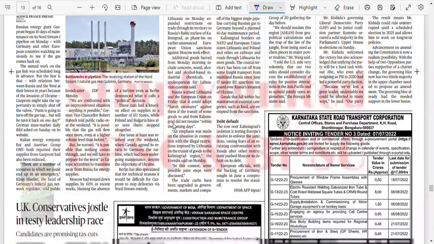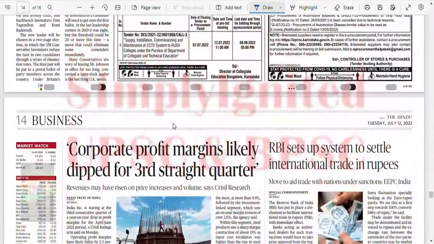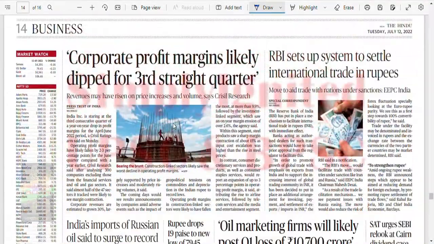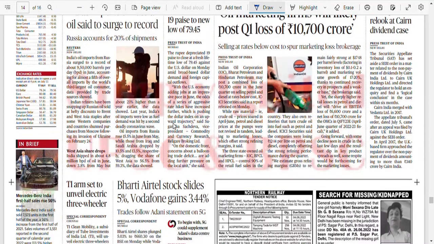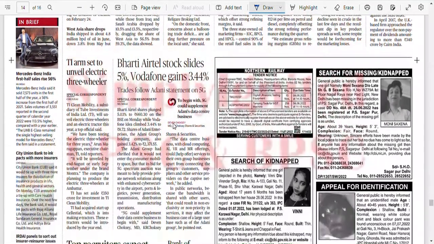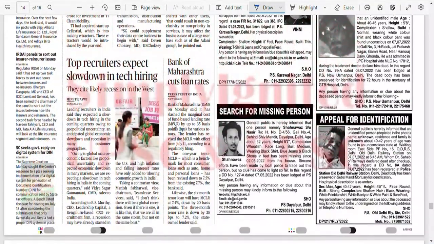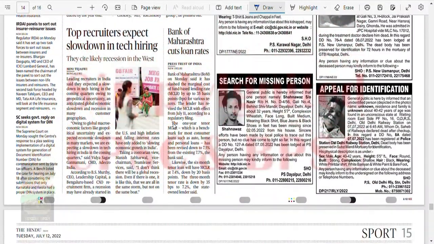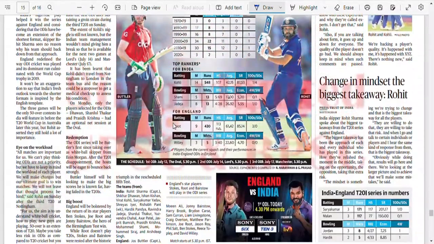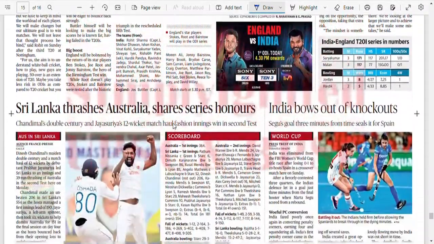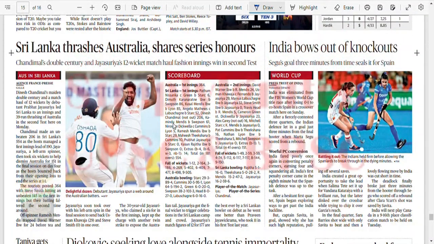We'll do this. And this is the sports page. Obviously, we won't have much important news here. So we are done identifying the most important news.